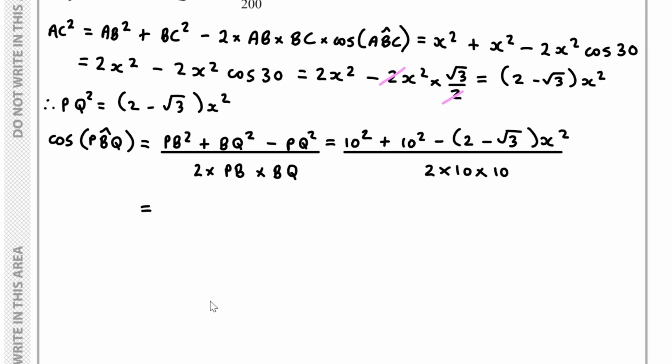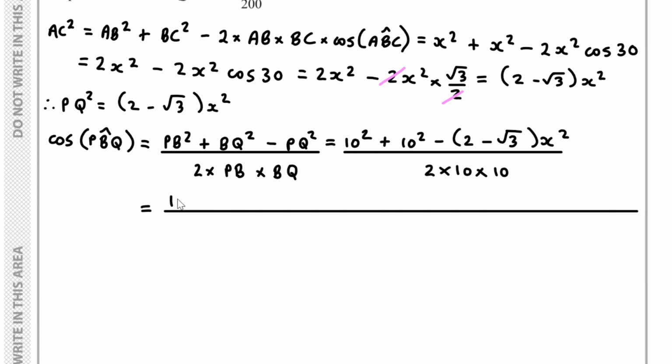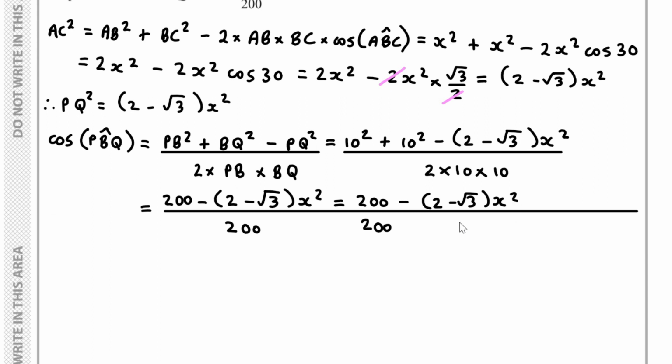So here, if I grab my ruler once again, I've got 100 plus 100, which is 200, minus 2 minus root 3 x squared, all over 200. So here we've got 200 over 200 minus 2 minus root 3 x squared over 200.